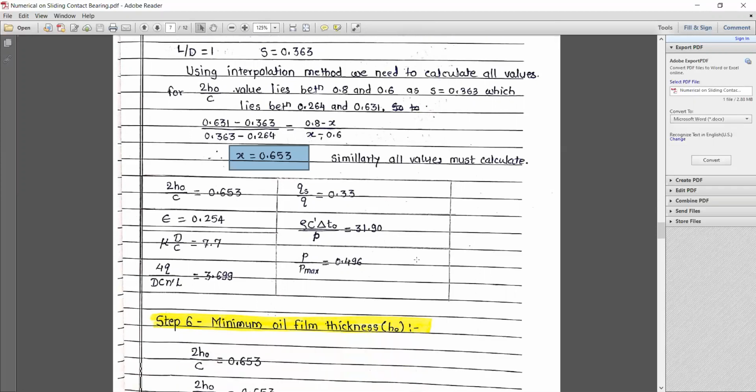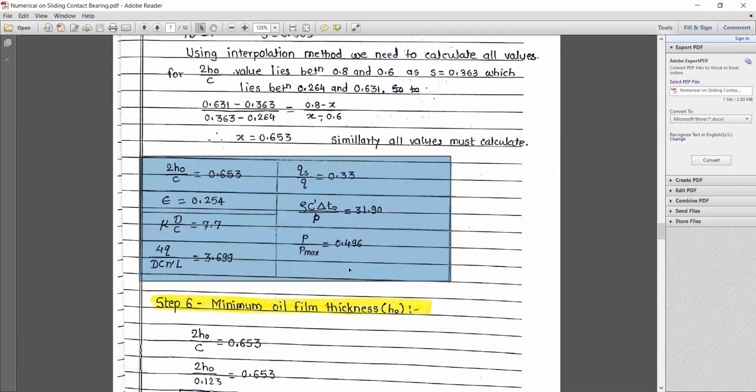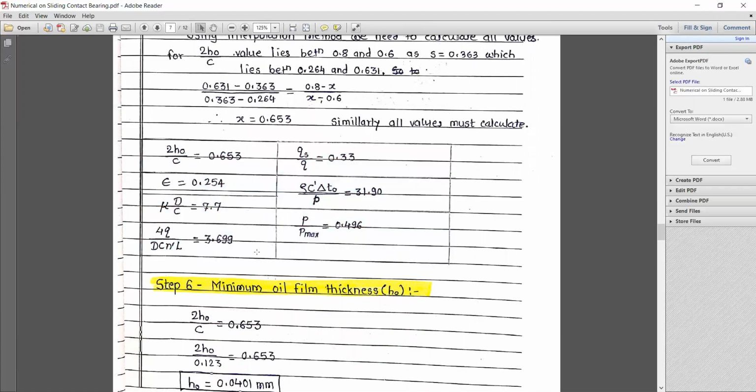Now I am using a similar method for calculating all the values of the remaining dimensionless parameters. Here I have made a table for the calculated values. Attitude ratio is equal to 0.254.